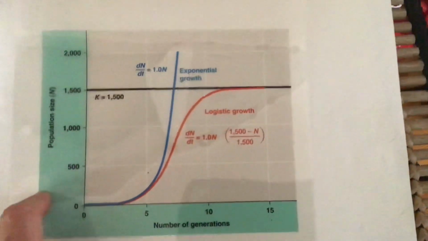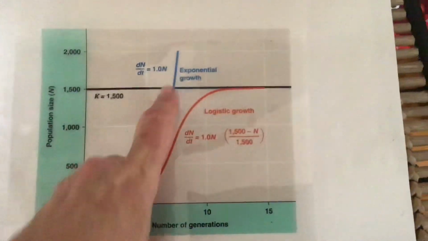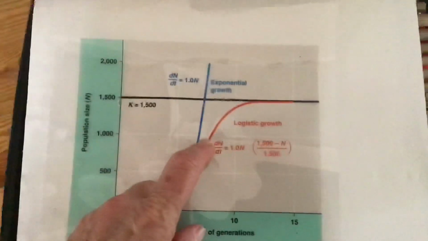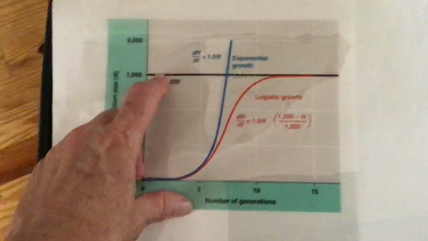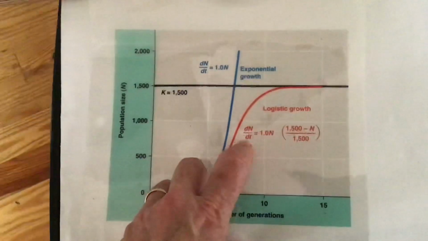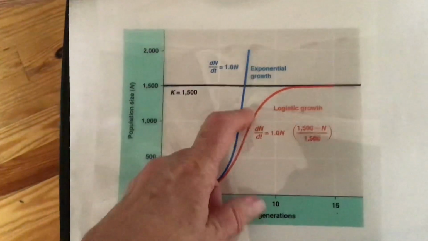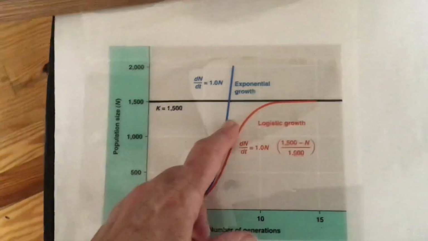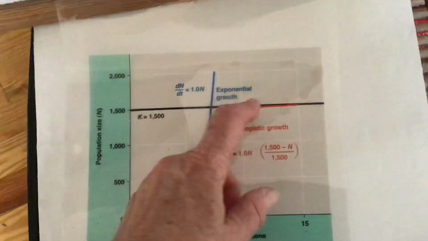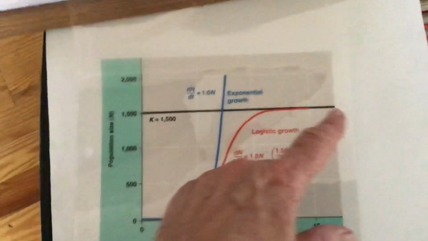All right, so logistic looks like this. It starts off the same, in other words, it starts off exponentially, but at some point the environment puts a limit on the growth of the organism, the number that are making it, and they level off and are supported more long-term over time.